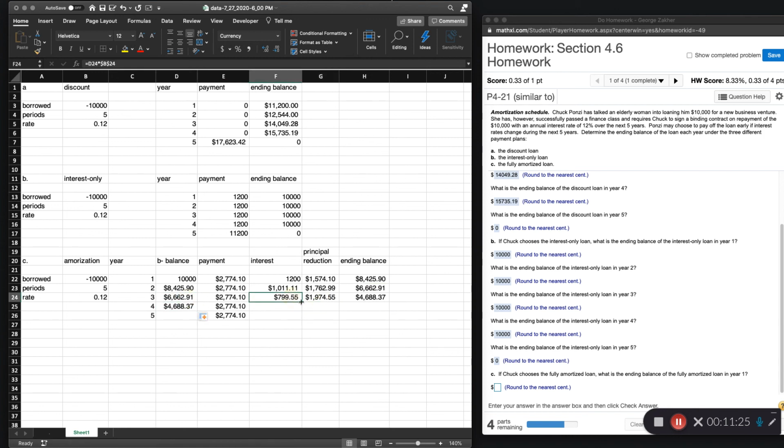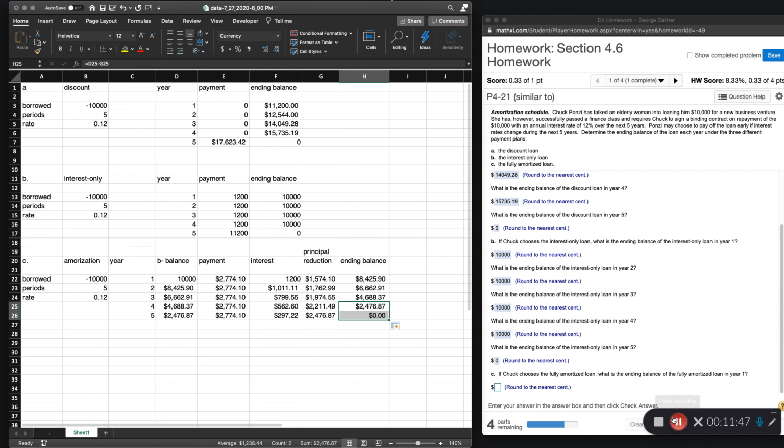Reduction is also going down. Hopefully, this should equal 0. It looks like it does. That's a good sign.